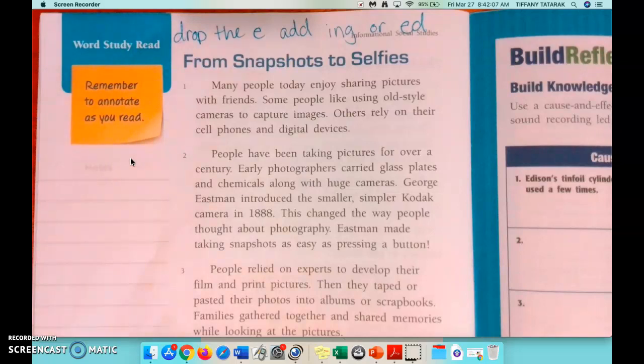So we'll go through the first two paragraphs on the video, and then the last three paragraphs are going to be on your own. Okay? I'm going to read just like we do in class. I'll read the whole paragraph, then I'll go back and do sentence by sentence, and we'll look through and see what we can find. Okay?